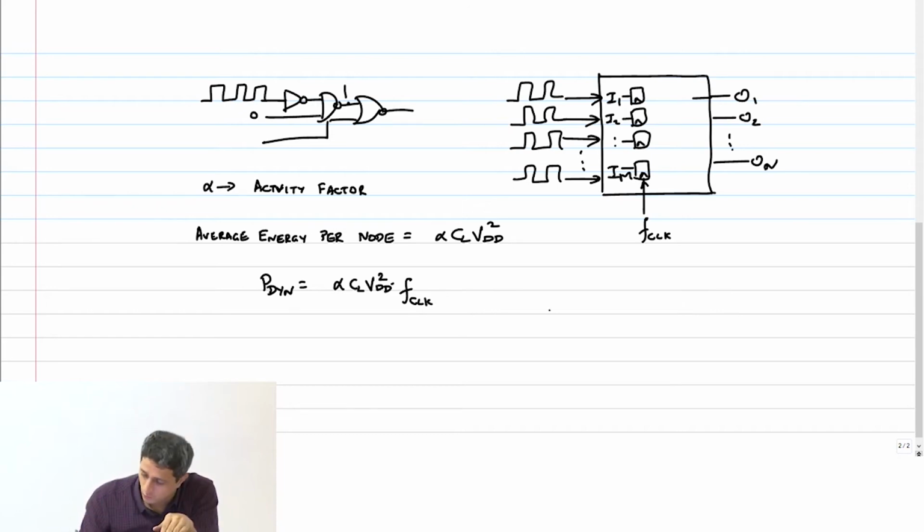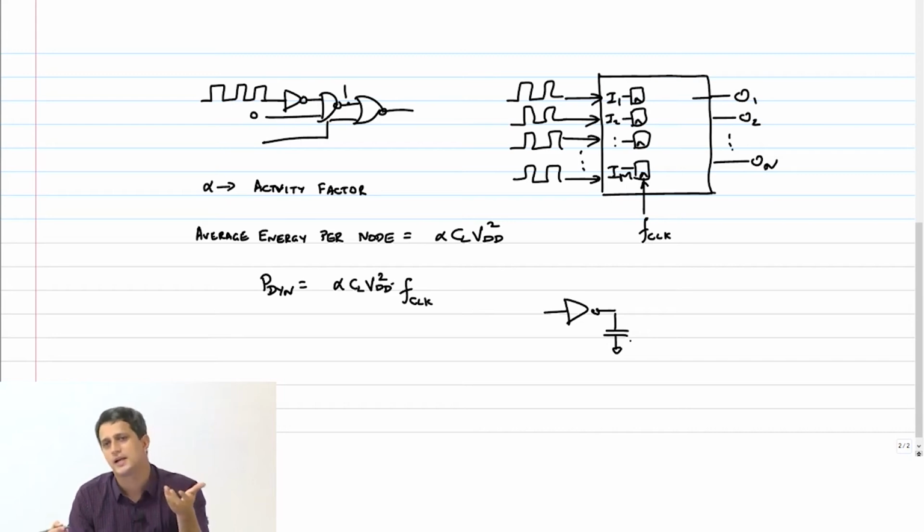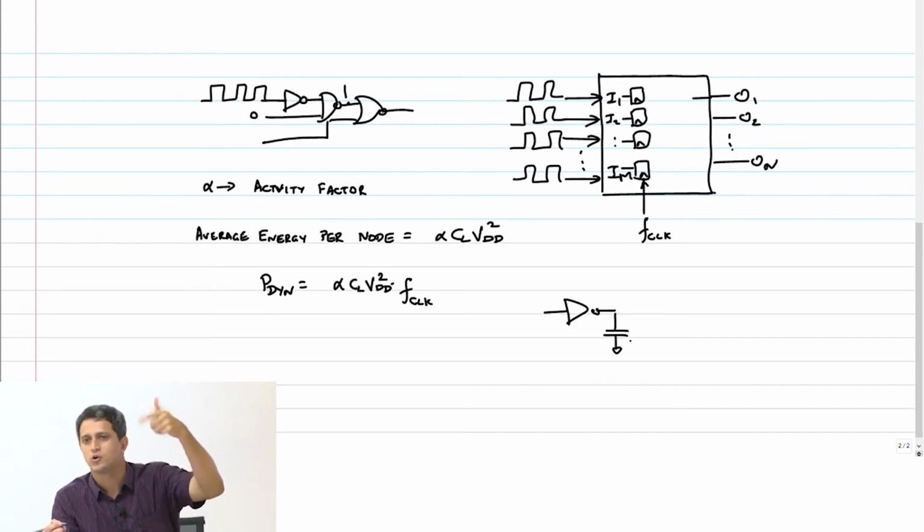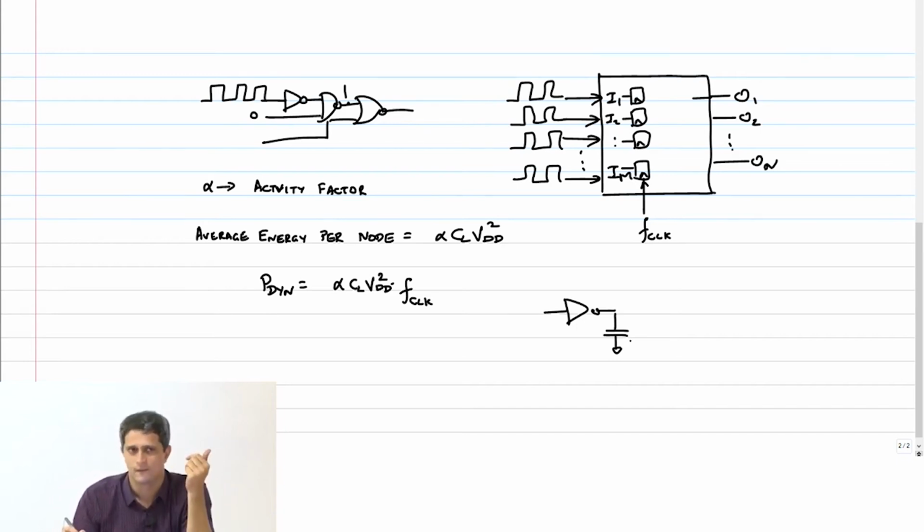So if I ask you what is the dynamic power of this inverter, well, the question is not complete. You have to tell me where I place this inverter, in which circuit and how, and what its load capacitance is. You give me all this information, then I can say that for that particular node which has a capacitance CL, it's going to have a dynamic power of alpha CL VDD squared times f, right?